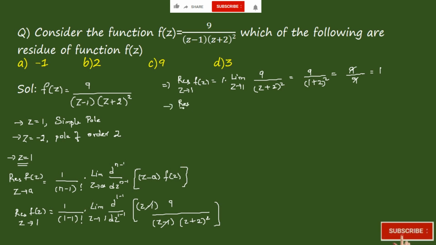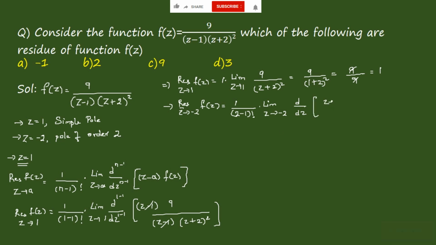Now residue as z tends to minus 2 of f of z is equal to 1 by n minus 1 factorial. Here n is 2, so it becomes 2 minus 1 factorial into limit z tends to minus 2 d by dz n minus 1. n is 2, 2 minus 1 is 1, so it will be differentiation once, into z plus 2 whole square into 9 divided by z minus 1 into z plus 2 whole square.